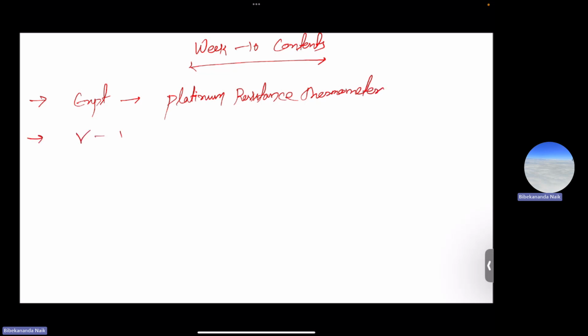Then voltage and current characteristics of LR circuit. Then voltage and current characteristics of series LCR circuit were also discussed.